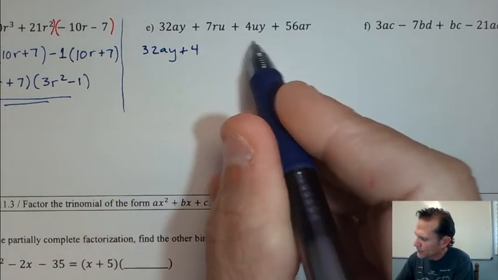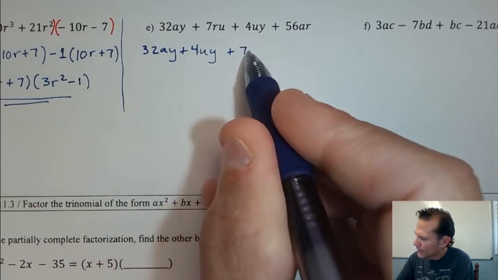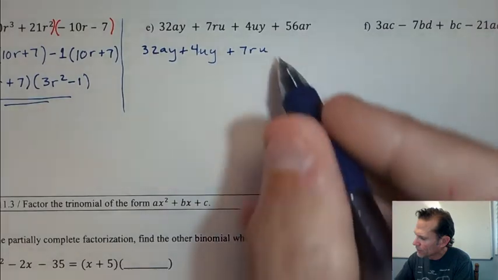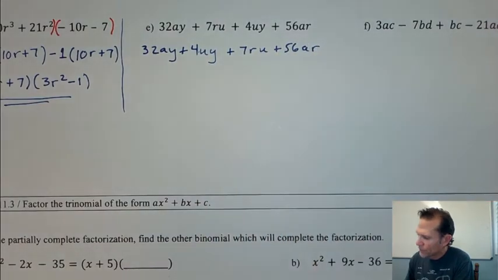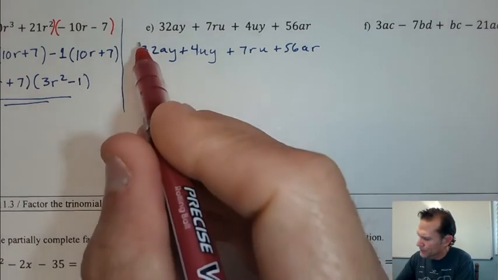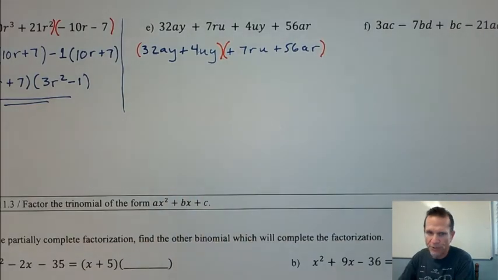So I'm going to put this term, the 4uy here, and then I'll put the 7ru and the 56ar. Okay, so now I'm perfectly okay to do that because we know the commutative property of addition. We can rearrange addition if we would like.